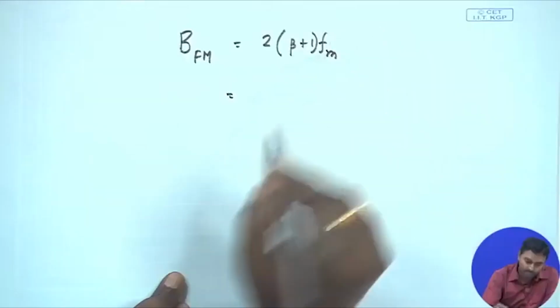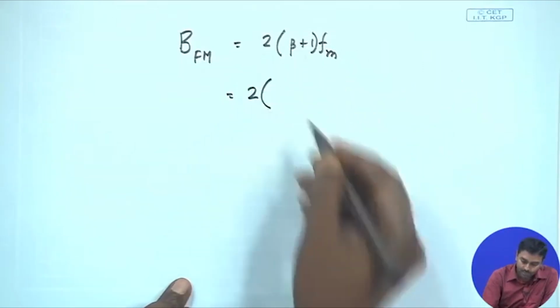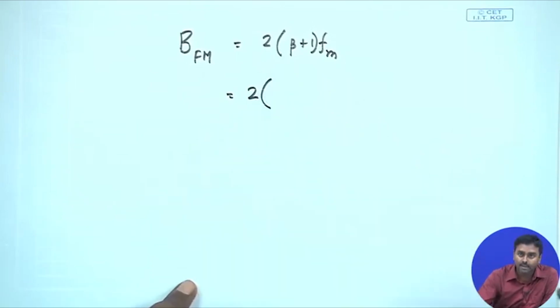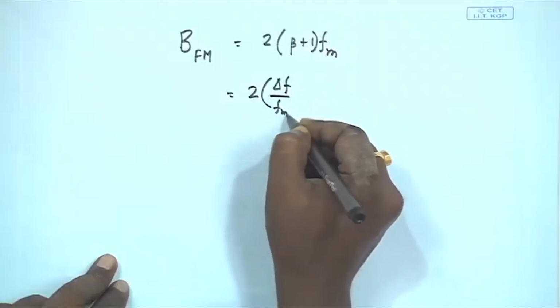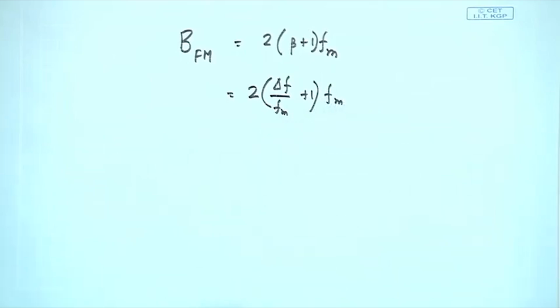Suppose let us keep it as f_m. So, I multiply this, so this becomes 2. Now, this β earlier we have represented with respect to ω. β is just a ratio, either I do it with respect to ω or f, the 2π just gets cancelled. So, I can even write β with respect to Δf and corresponding f_m. So, I can write that as 2(Δf divided by f_m plus 1) into f_m, right.